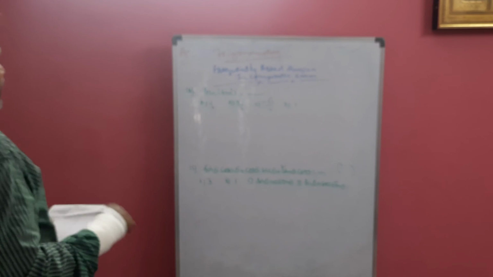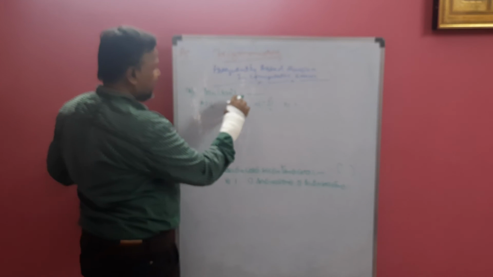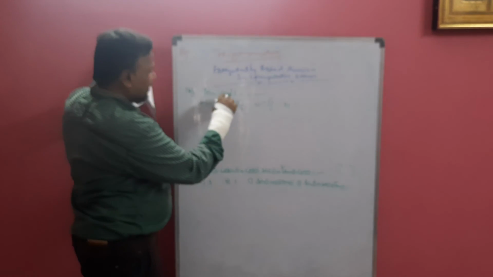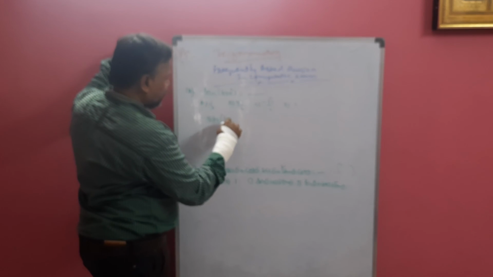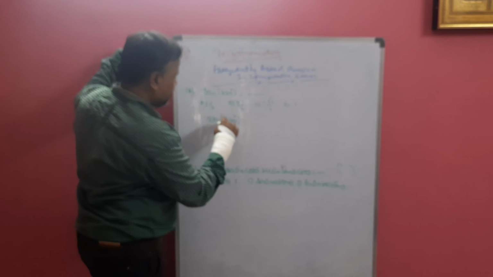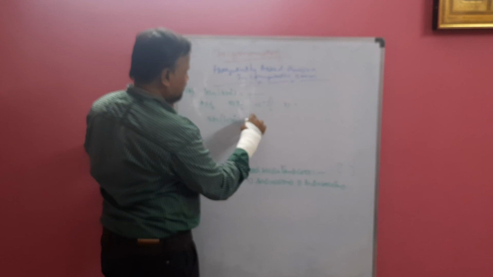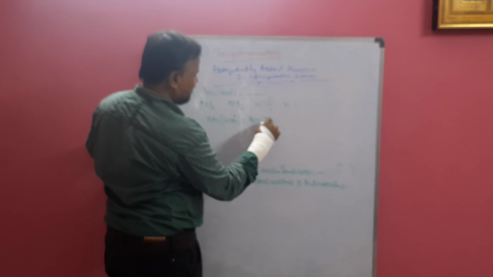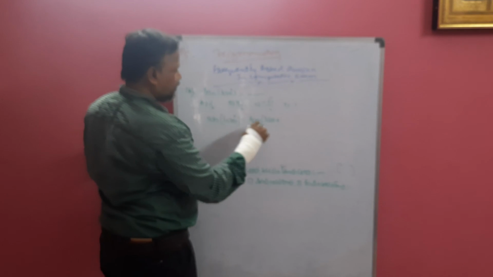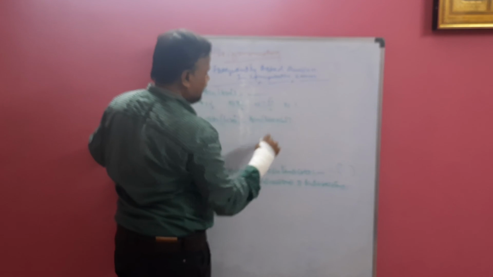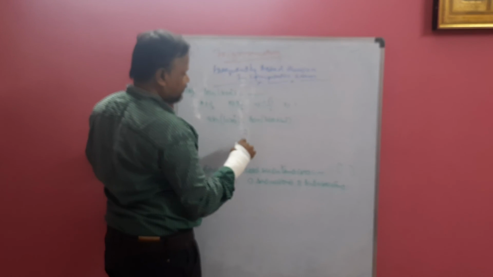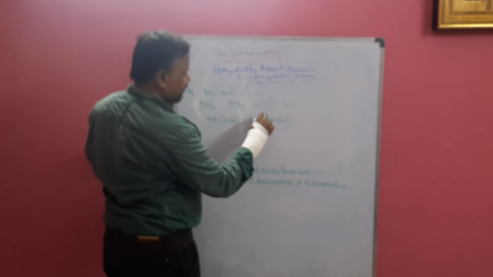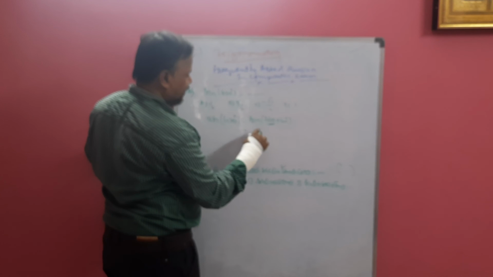Now question number 14. Sin 420 is dash. We know that 420 we can write as complete 360 plus 60. 360 plus theta, where theta lies in the first quadrant. Whenever 360 is there, the same sign we have to write.